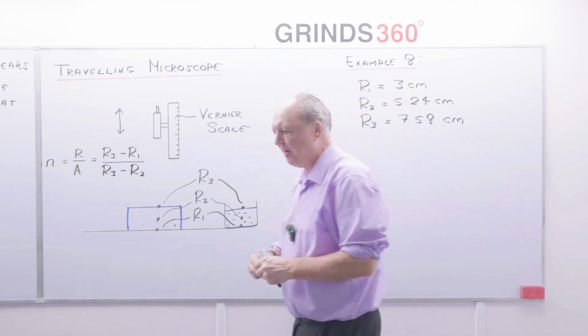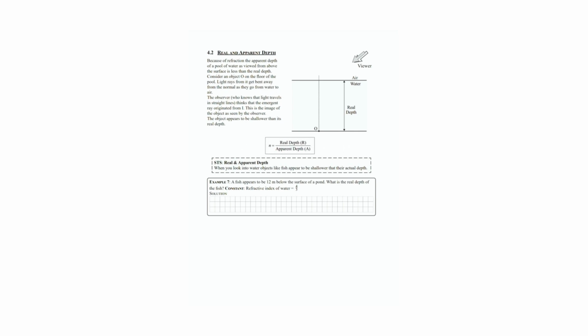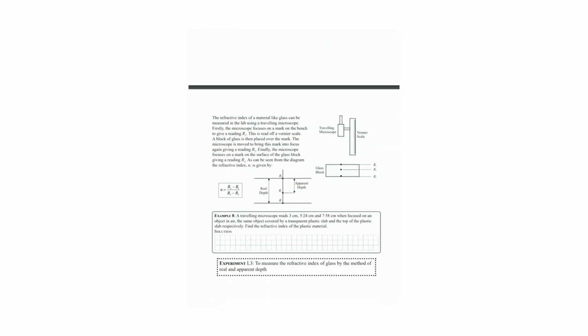So let's go back to our notes and have a look at an example of that. So there's your formula there. N is equal to R3 minus R1 over R3 minus R2.